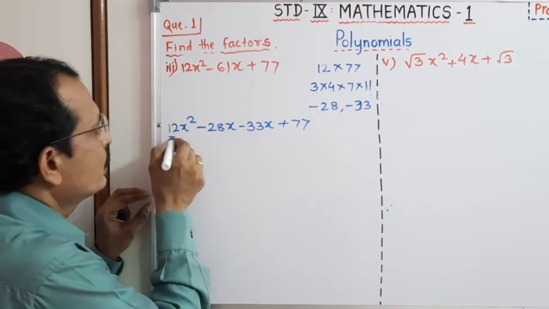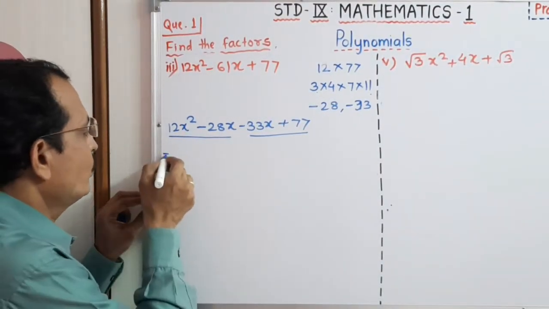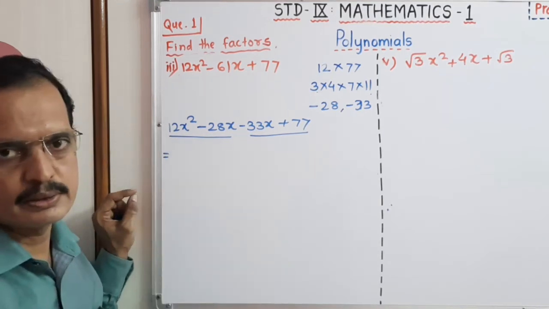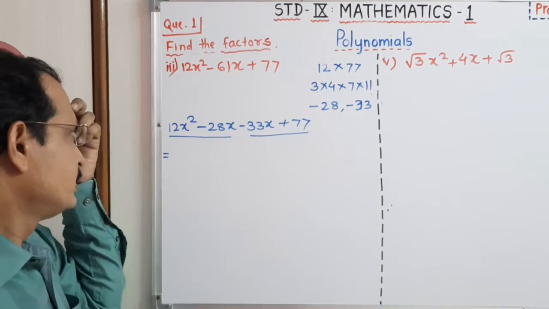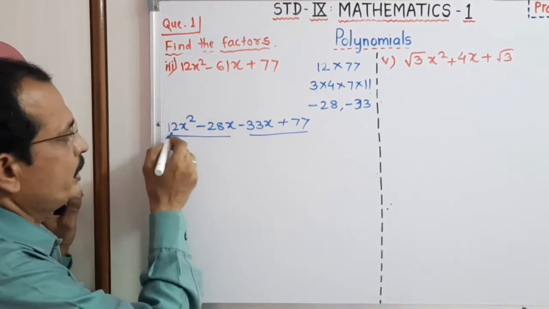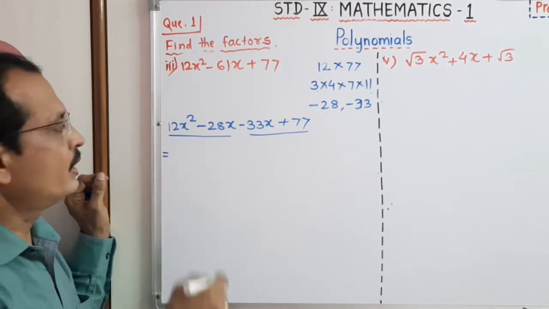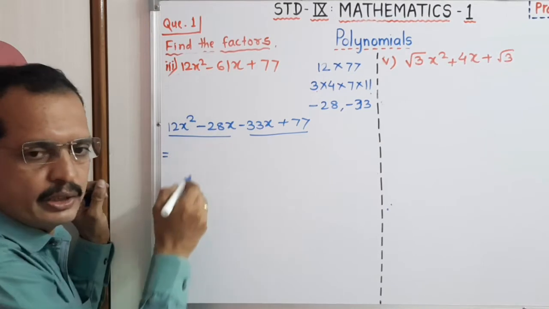Now we have to take out the common factors. Now how to take out the factors? Now see here, we can take out 4, the table of 4. In the table of 4, 12 is there. In the table of 4, 28 is there.